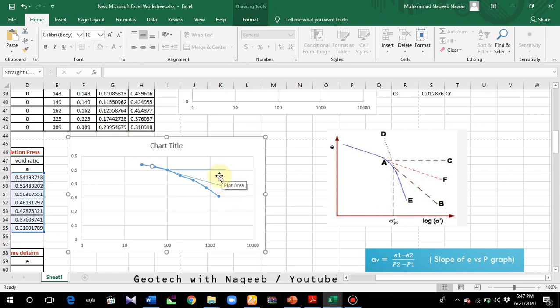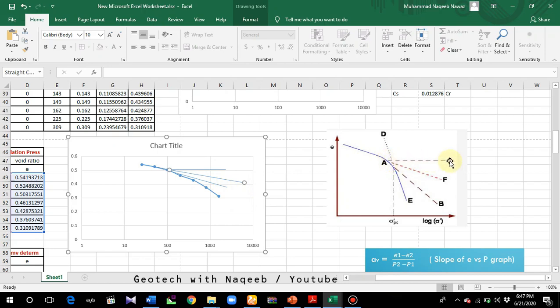Now the next step is to draw the angle bisector of these two lines. It will be done manually. Let's say this is the angle bisector of this line and this line, exactly like this.